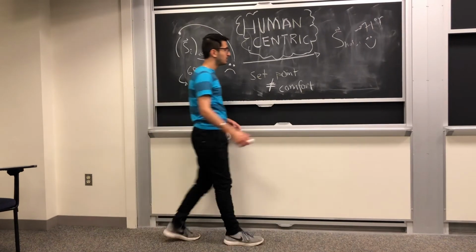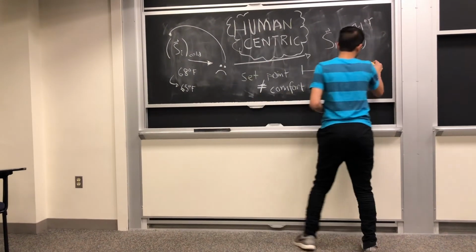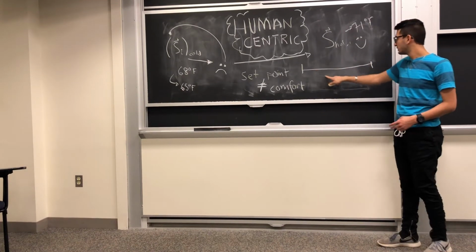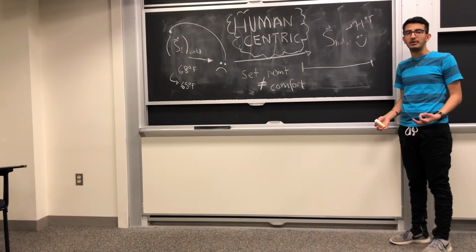So for example, let's say we have a 10-week class here at MIT. If your system keeps training all the way to the end of the class, you have no actual functional use from a learning system.